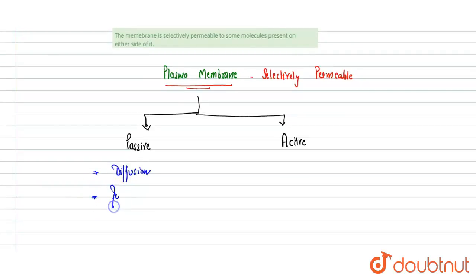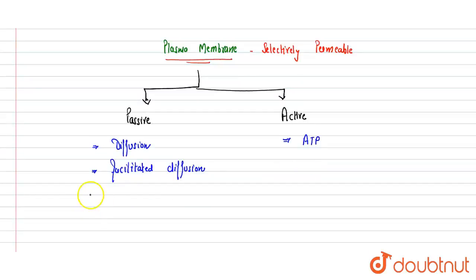Facilitated diffusion means with the help of any carrier or channel protein. In active transport, there is need of energy, ATP is required, while in case of passive transport, no ATP is required. It is along or down the concentration gradient, no energy is required.